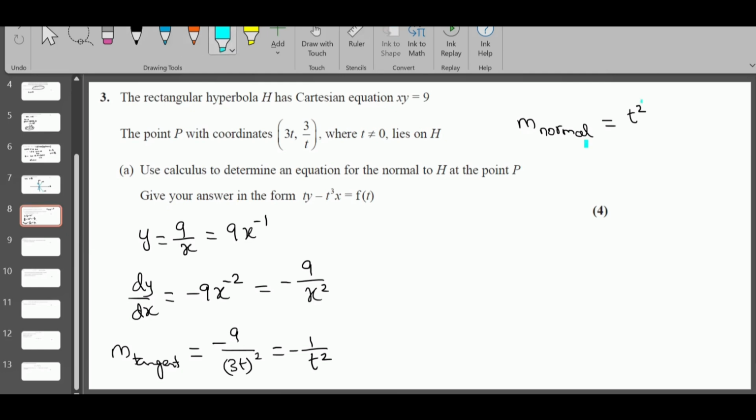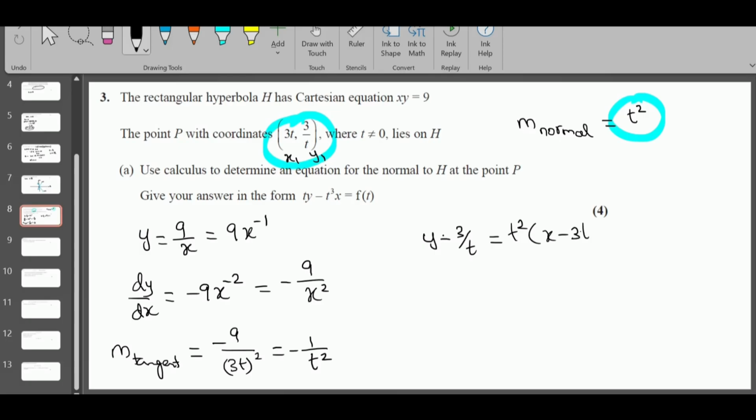So we have a slope, we have a point, we can write the equation straight away. y minus y1, take this point as x1, y1. Slope times x minus x1. But we need to write it in this format.